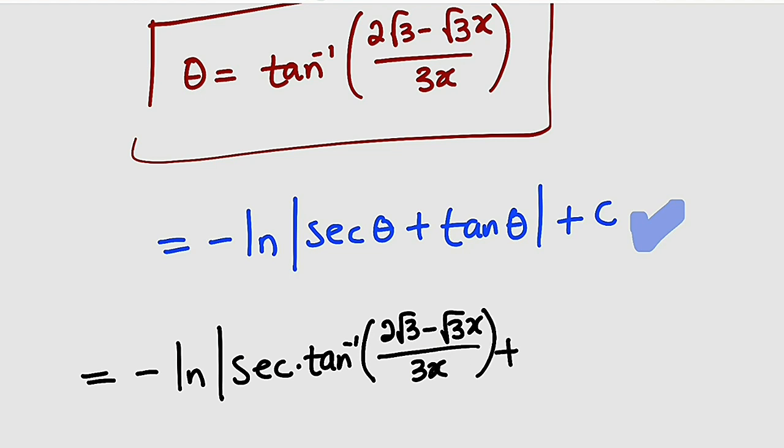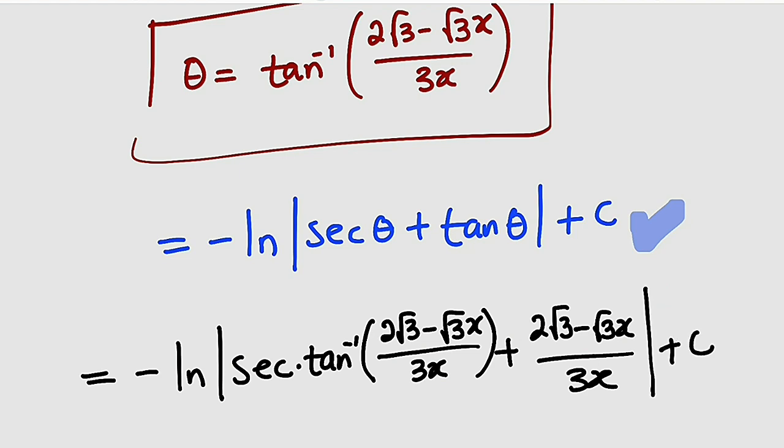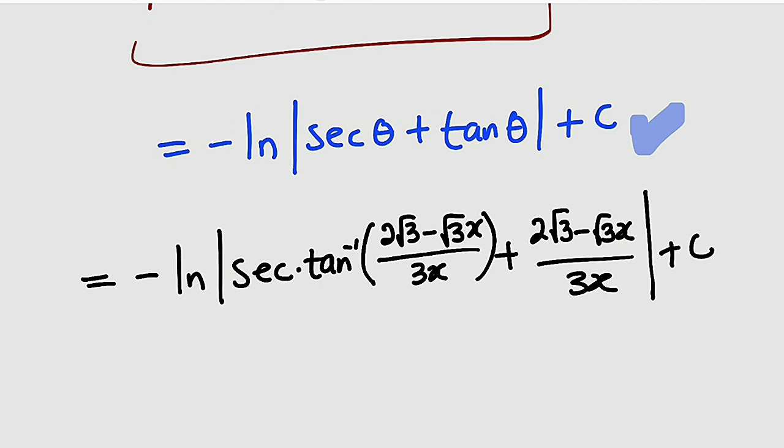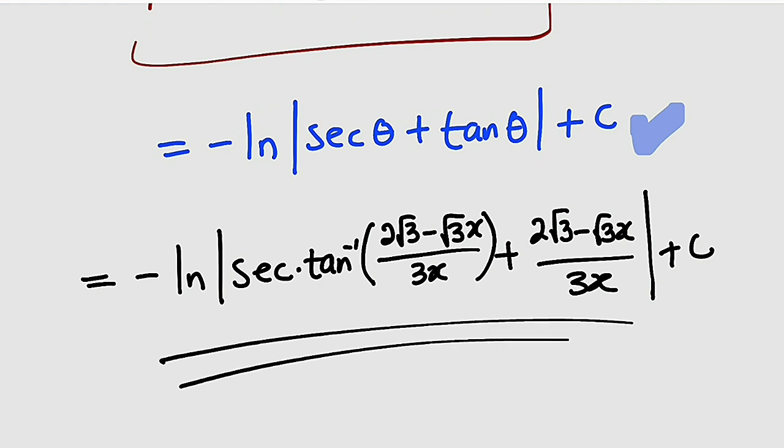Then plus tangent, but because we have theta equal to tan inverse, this tan and this will cancel, leaving only the function. So we're only going to write 2 root 3 minus root 3x divided by 3x, right? The absolute value is here, then plus the constant of integration, and we are done. This is just the solution to that problem.